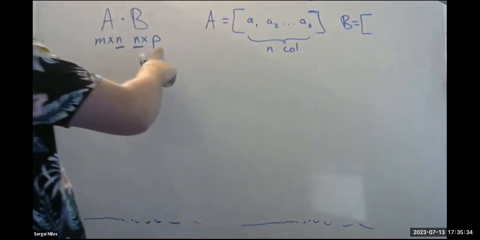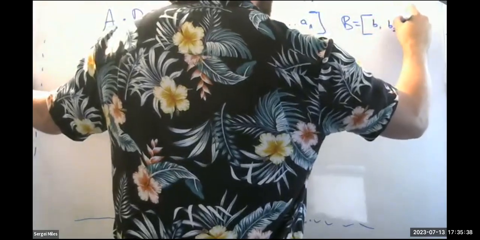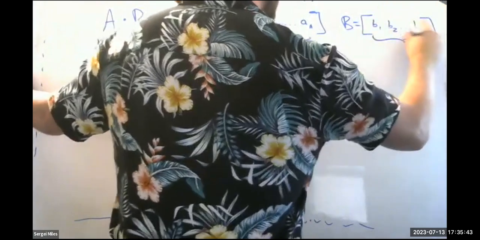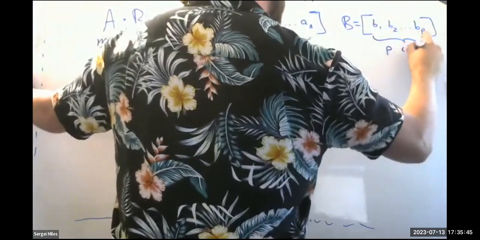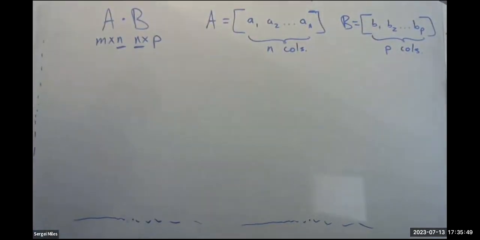And B is some other matrix that has P columns, right? There's a B1, B2, B sub P. It has P columns, right? Okay, so far, nothing spooky here. This we already knew, nothing new.